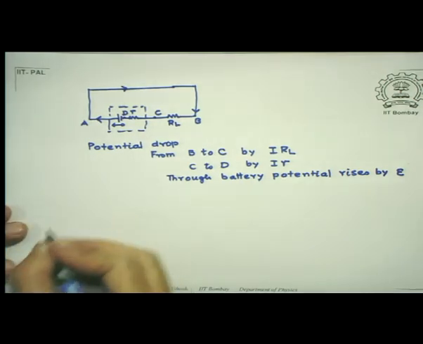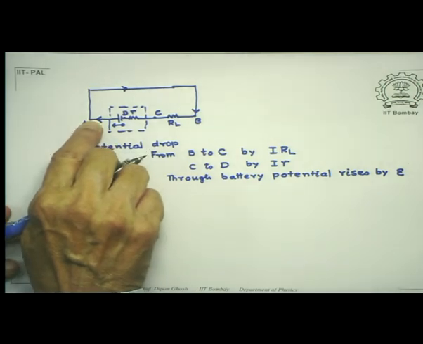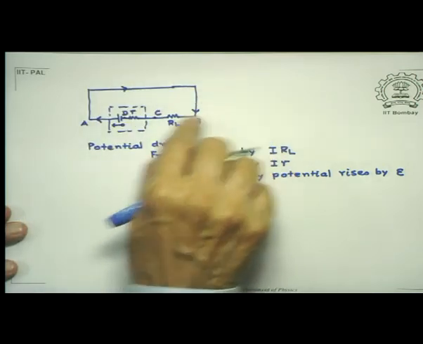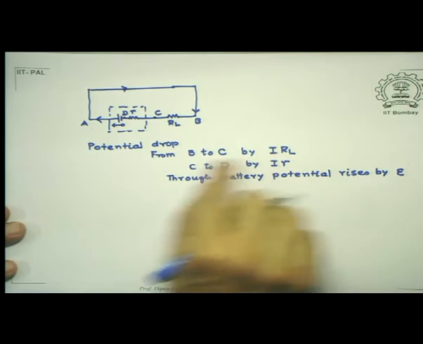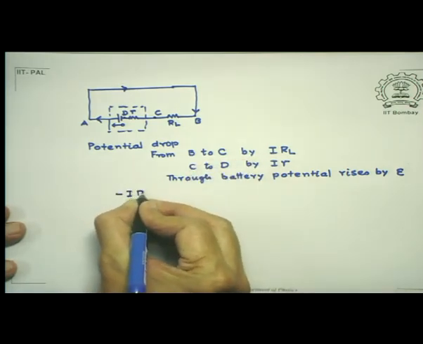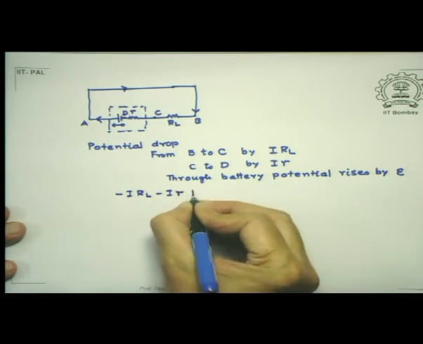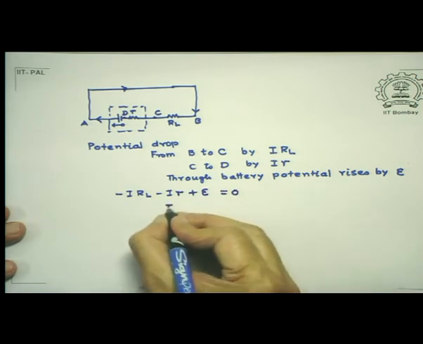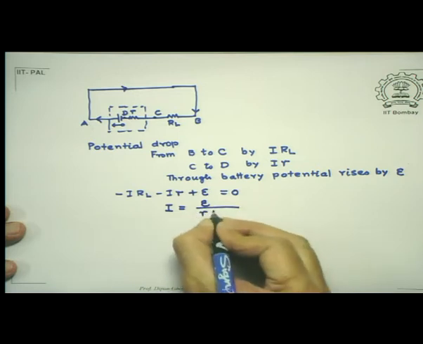Now when I do that, I return back to the point A. So, in other words, if I go from A to B through C, D and back to A, I get minus I RL minus I r plus E equal to 0, which gives me I is equal to E divided by r plus RL.